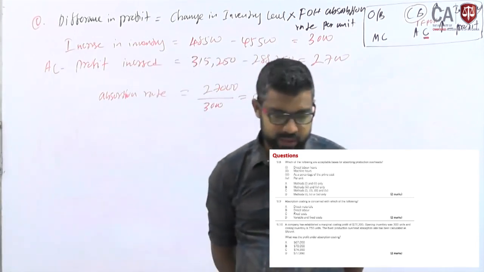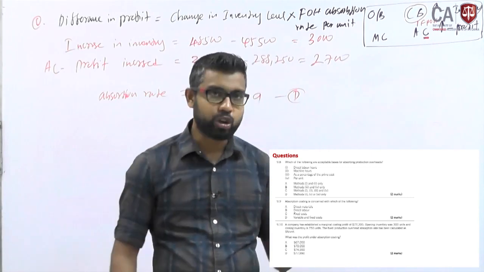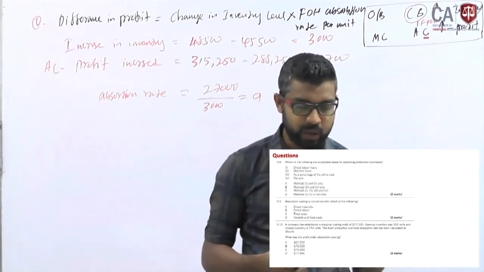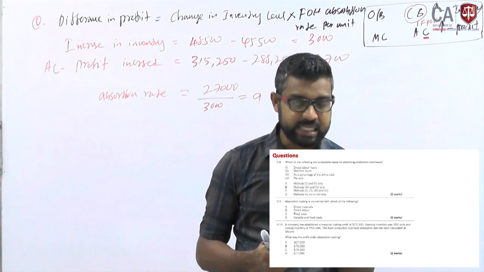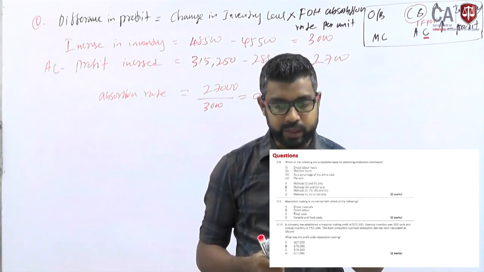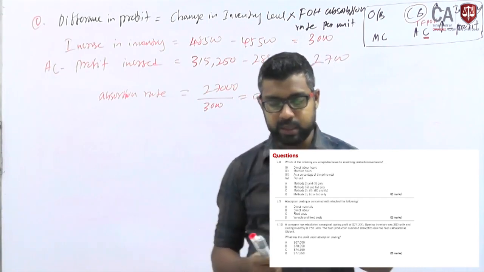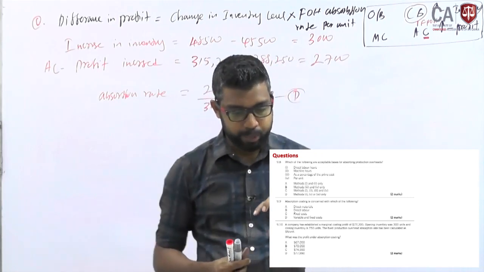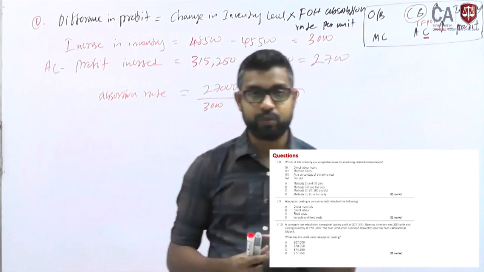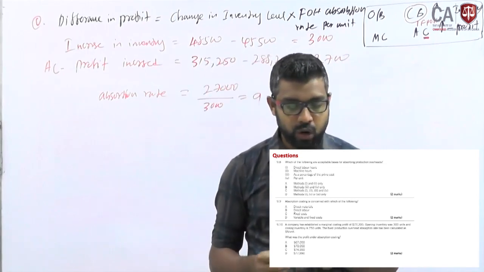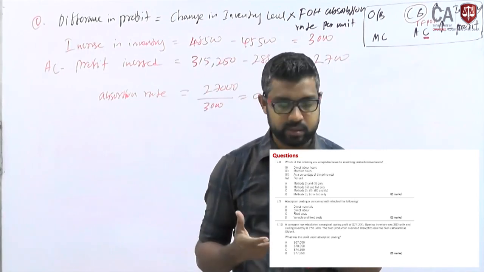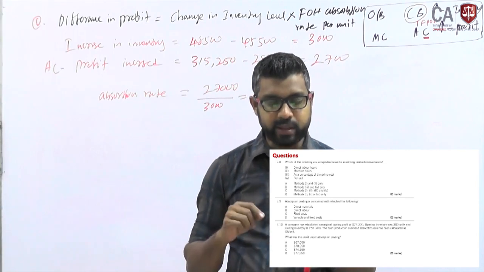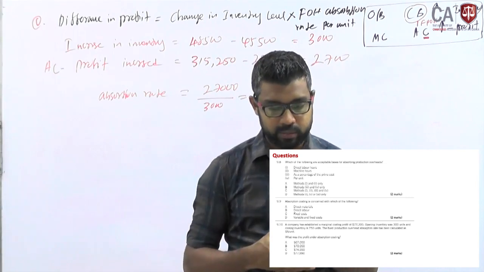Because absorption costing is concerned with including the total cost of production of the product and an appropriate share of overhead, or indirect cost in other words. Overhead can be fixed or variable.